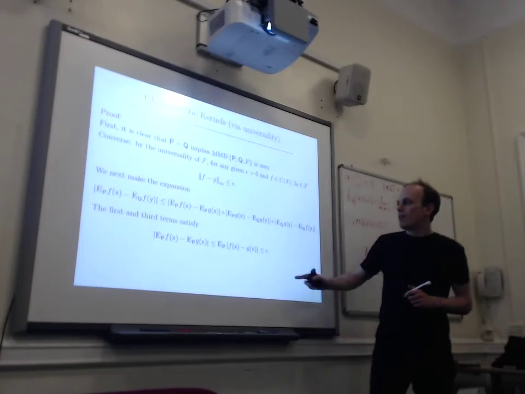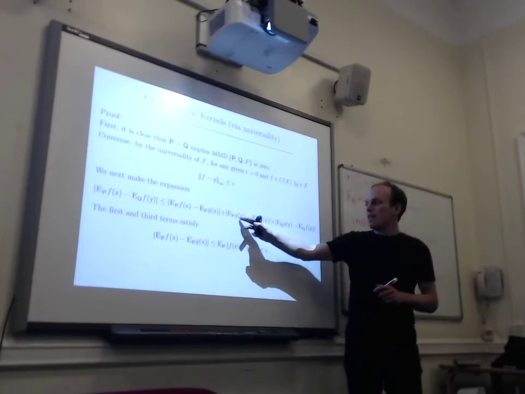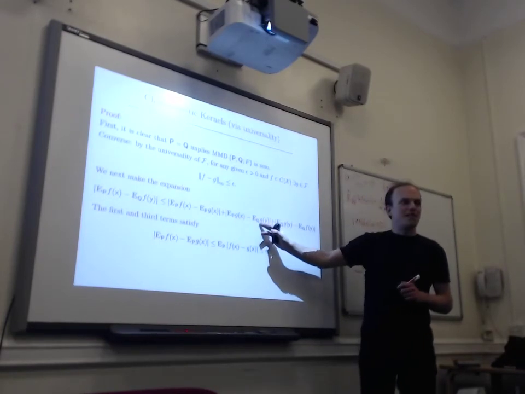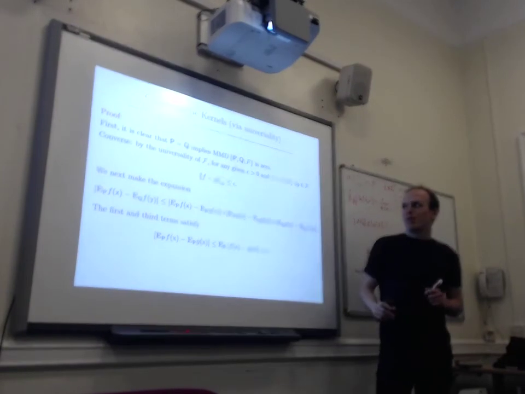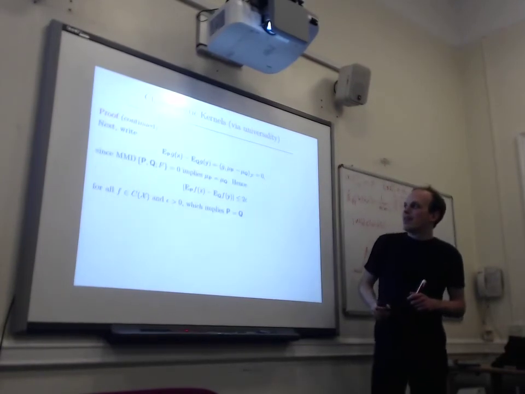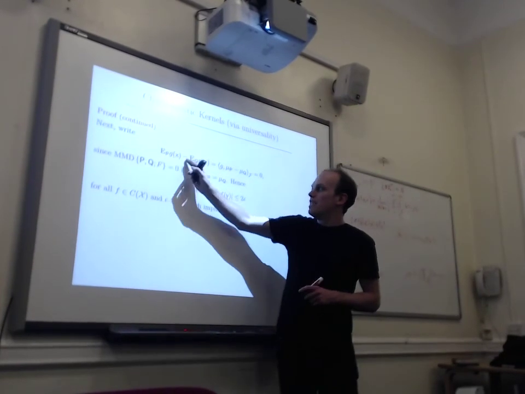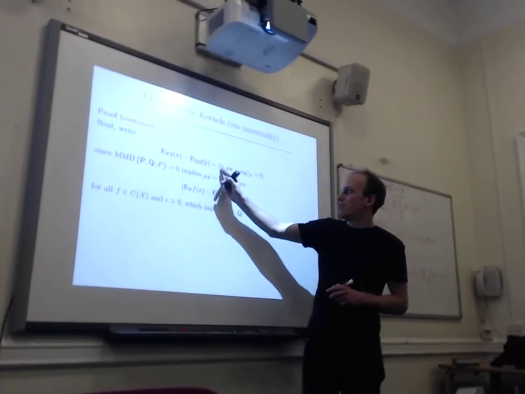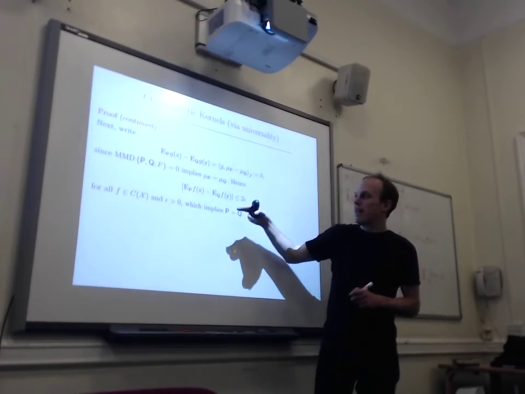Okay, so what am I left with? I'm left with this middle term, which is the expectation under p of g minus the expectation under q of g. And g is a function in the reproducing kernel Hilbert space. Now the expectation under p of g minus the expectation under q of g is just the inner product of g and the difference in the expected feature maps. We've shown that.